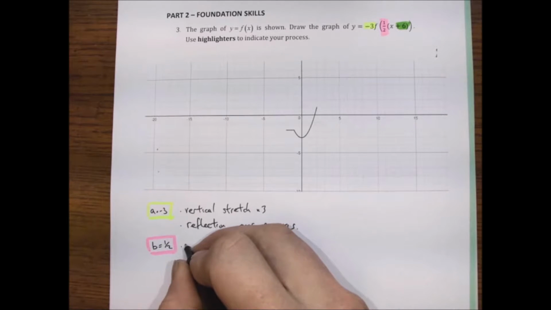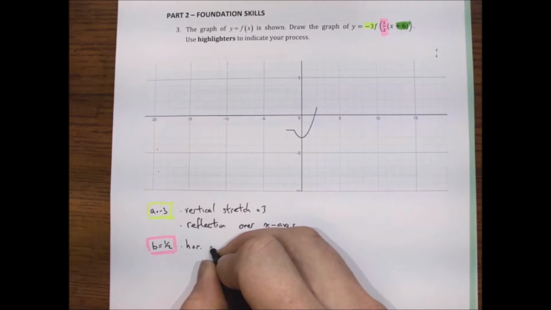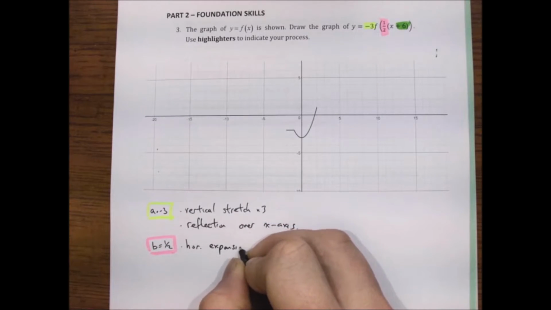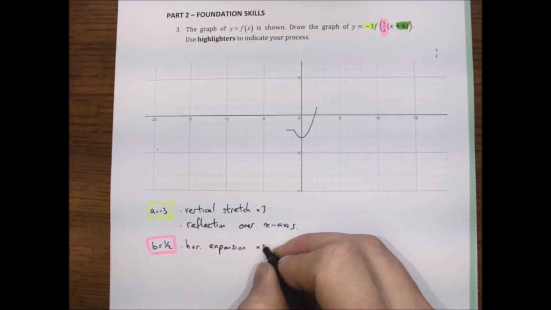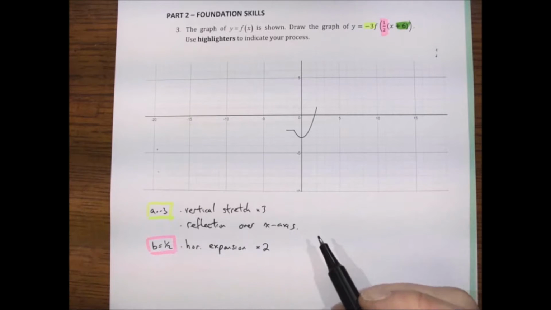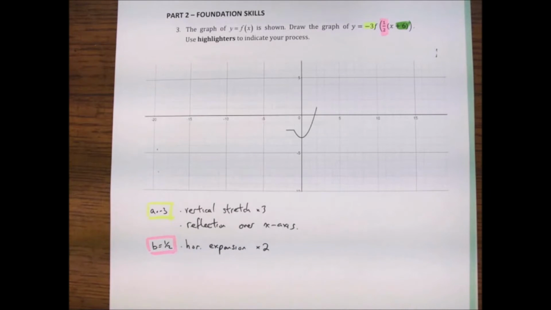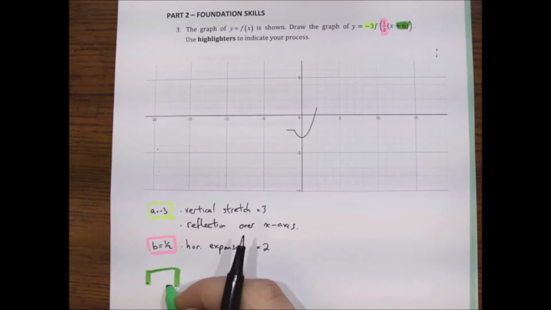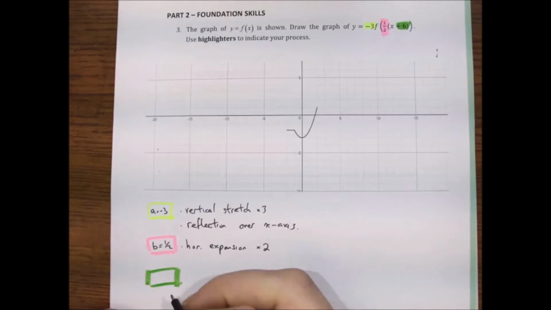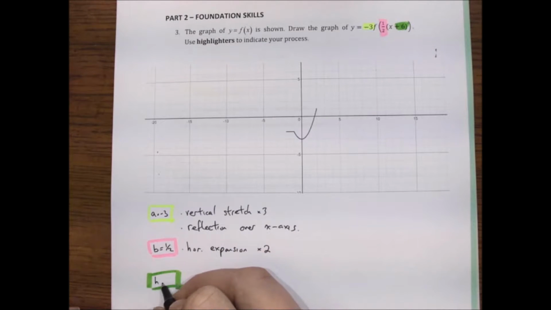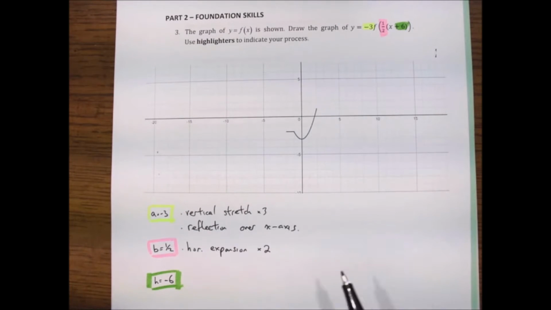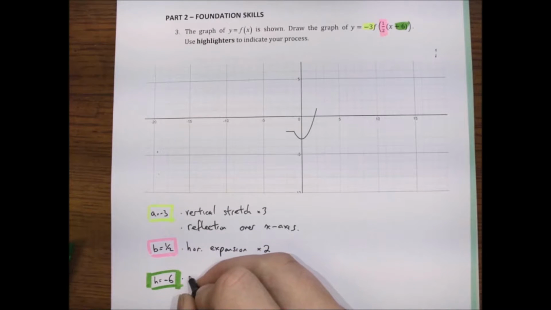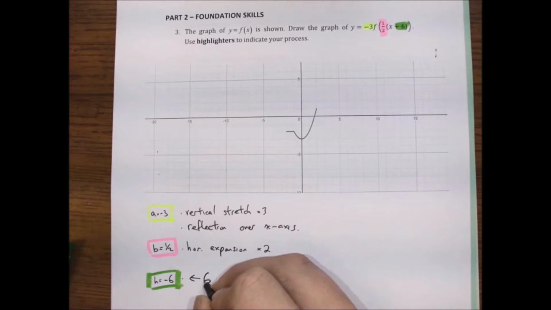And so that means we have a horizontal expansion by a factor of 1/2. So 1/2 is 2. And then lastly, what do we have? Our h value is negative 6. And so that tells us that we have a shift 6 units left.